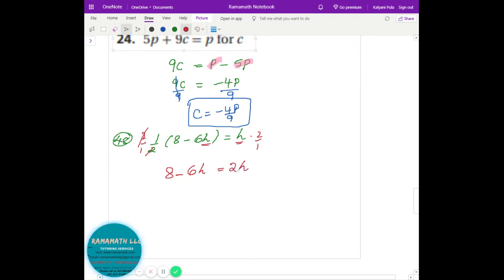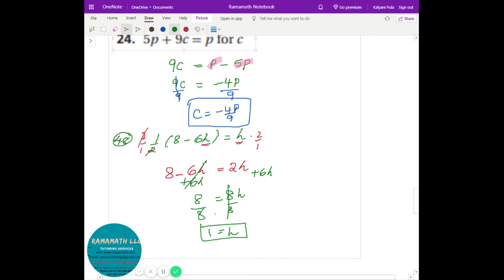It's the same thing, because 2 times 3 is the same as 3 times 2. It's the commutative property. And then just look at the smaller variable, which is negative 6h. So I'm going to add 6h on both sides. So then you get 8 equals 8h. And then divide by 8 on both sides. h equals 1.